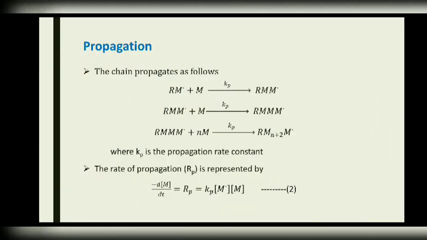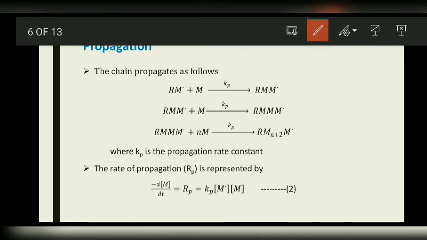Then the second step is propagation. You know what happens in propagation. Here the successive addition of monomer molecules takes place, right? The chain gets lengthened during this process. The propagation reactions are represented like this.